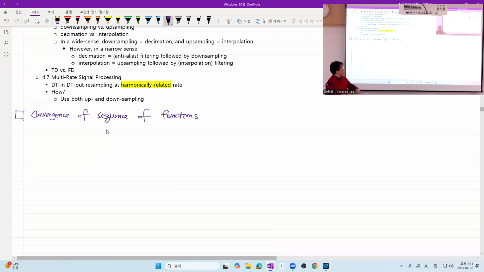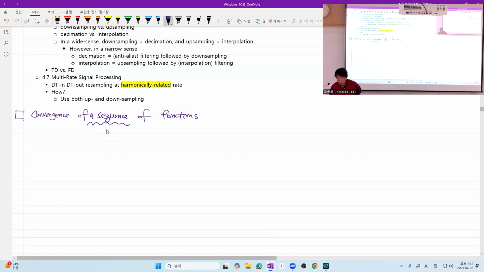So as it says, you have a sequence of functions. Have you ever seen an example? Once I told you, if you truncate the Fourier series up to some nth order, then you have a sequence of functions.